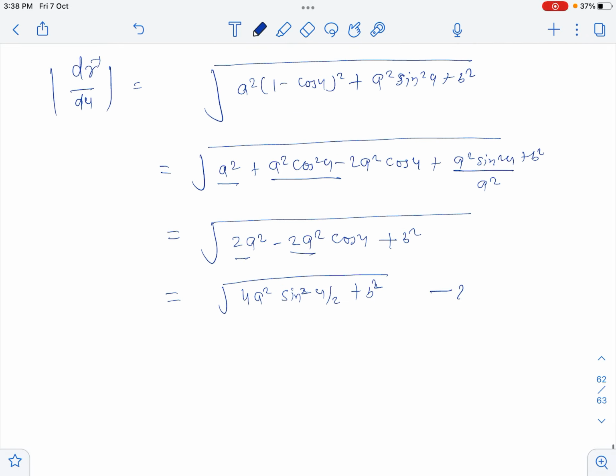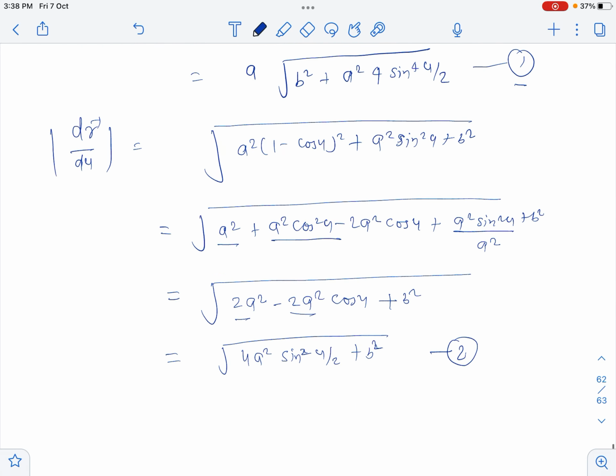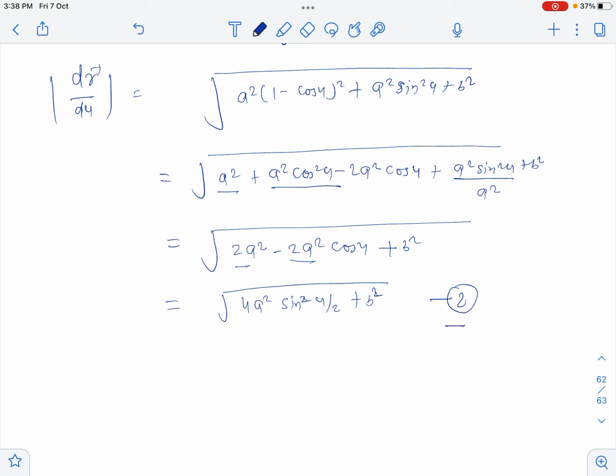So now putting these two from equation 1 and 2, this is equation 1 which is the modulus of the cross product, and equation 2, in the curvature formula. The formula is the modulus of the cross product dr/du into d square r/du square divided by modulus of dr/du whole cube.